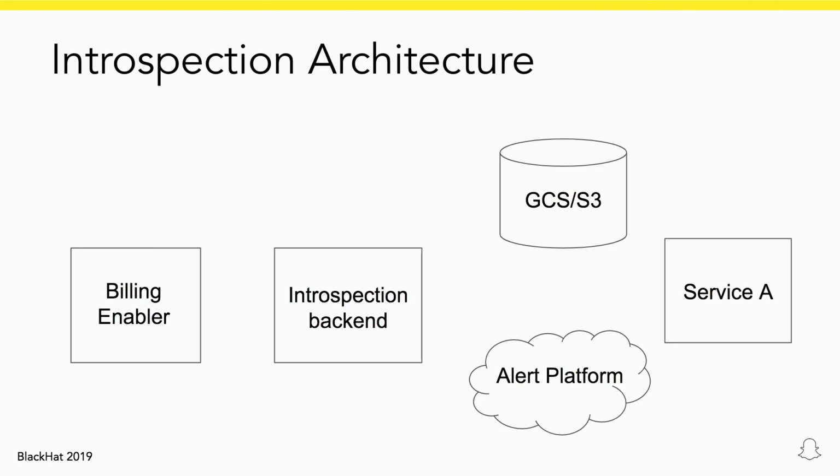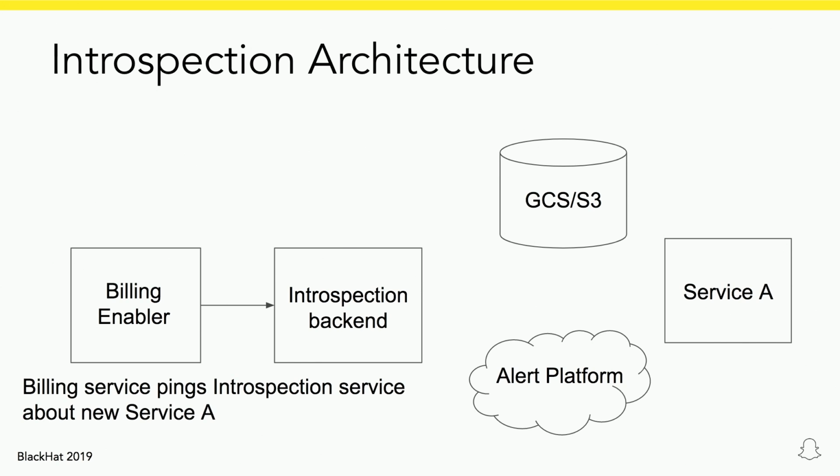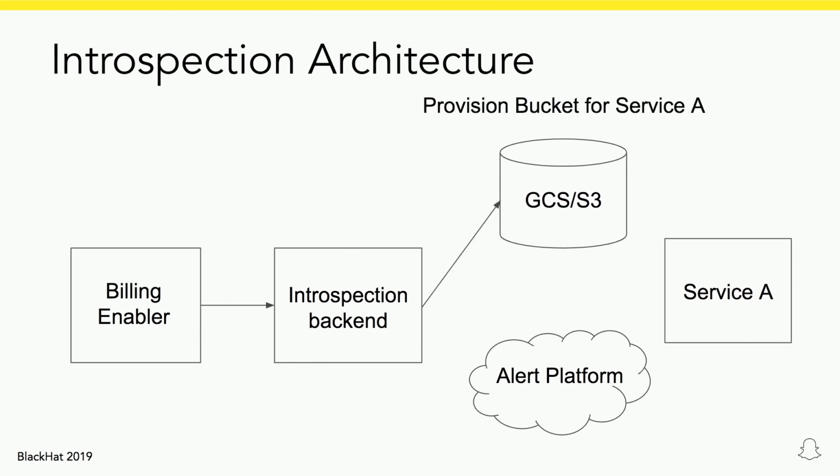So the way this all works is, again, we've got that central billing service which just enables billing for every new thing we create, and that just pings us that some new service has been created. So we can then go to GCS or S3, and we can set up permissions and roles for that service to write to our buckets.